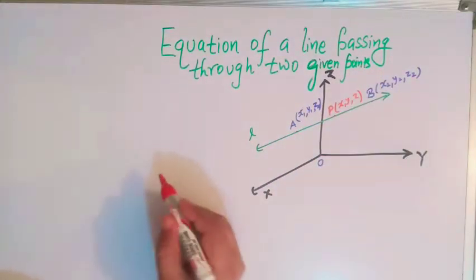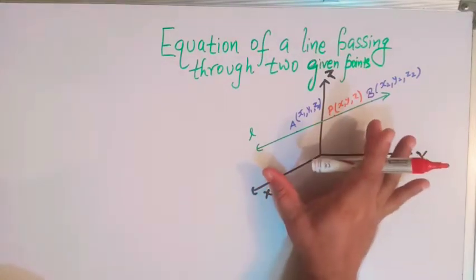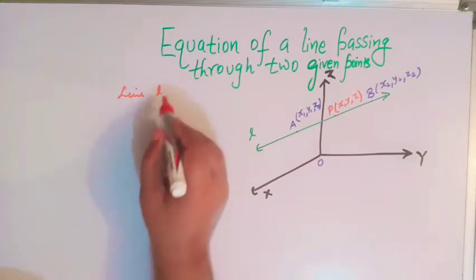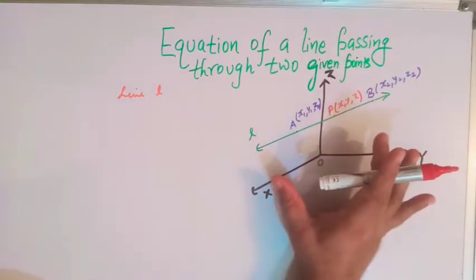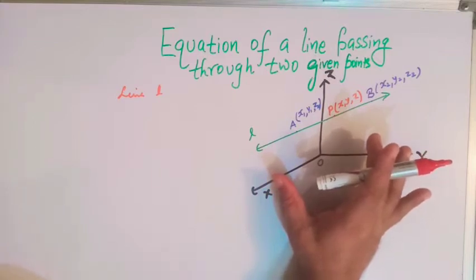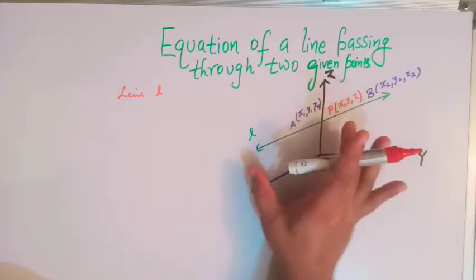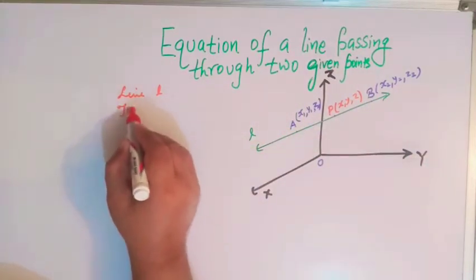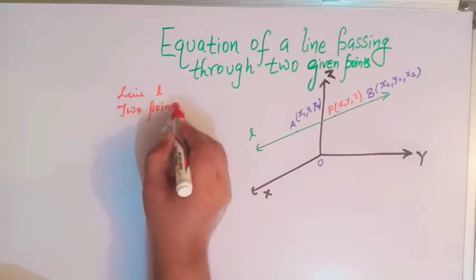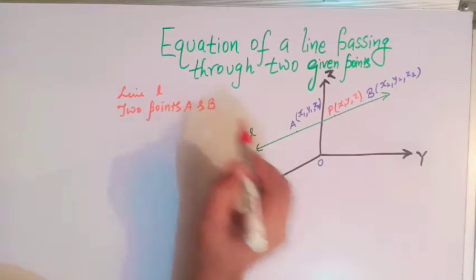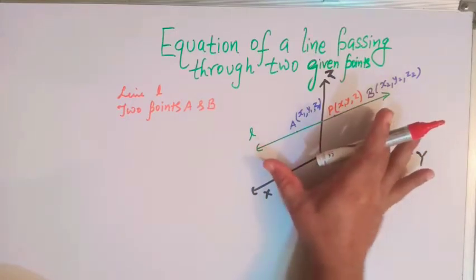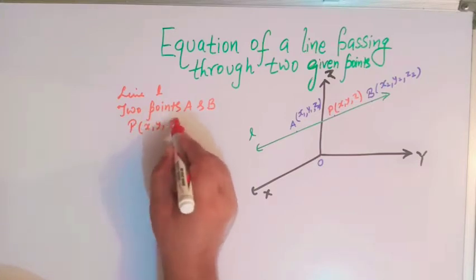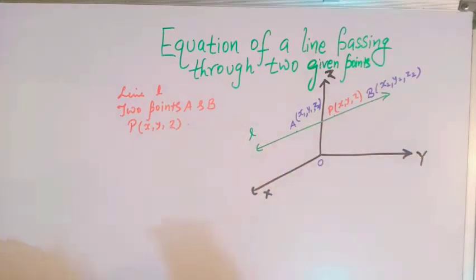So what we have here is a line L, and we are interested in finding the vector equation and Cartesian equation of this line L. And what we are given are 2 points A and B, which lie on this line, and P is any arbitrary point on this line L, right?